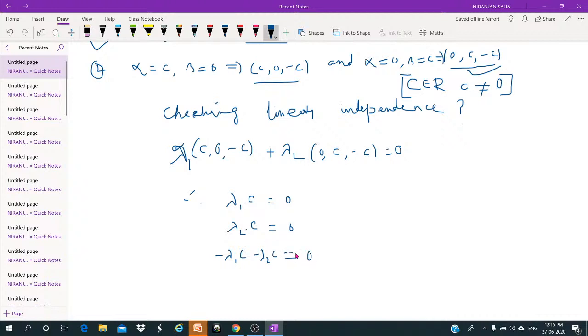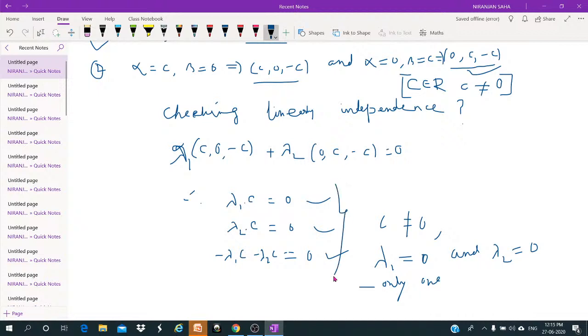These three equations are satisfied with C not equal to 0, so lambda 1 is equal to 0 and lambda 2 is equal to 0. This is the only solution of these three homogeneous equations. So they are linearly independent.